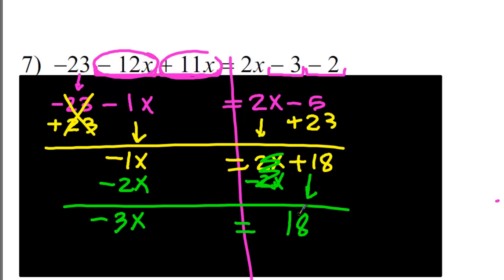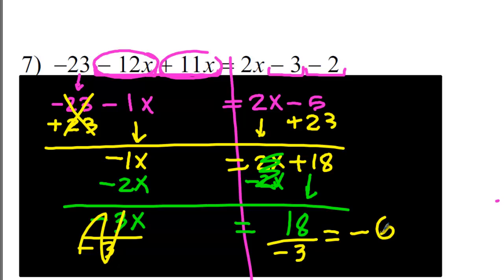Alright. Last, you divide by the coefficient of x, which is negative 3. So 18 divided by negative 3 is negative 6. So the answer is negative 6.